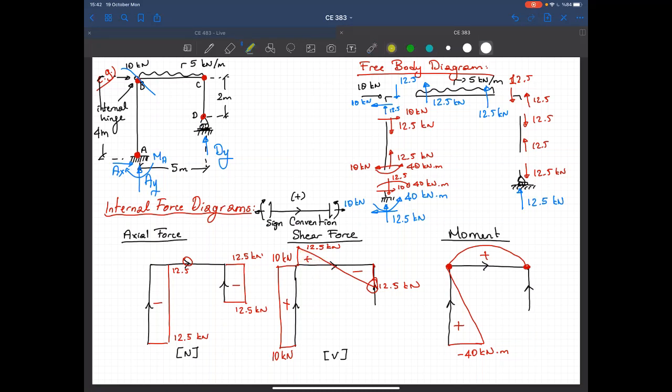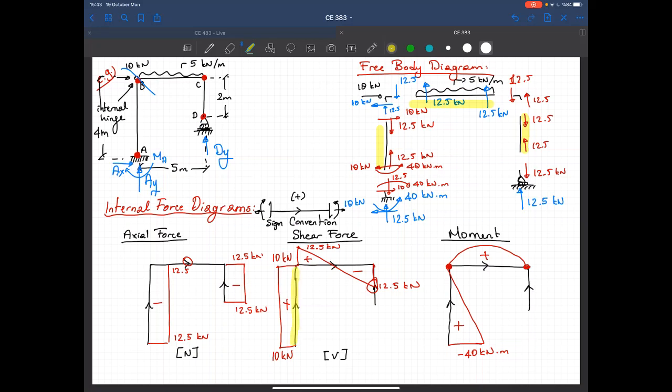So as you see, once you draw the free body diagrams of every member, drawing the internal force diagram is a very straightforward process.